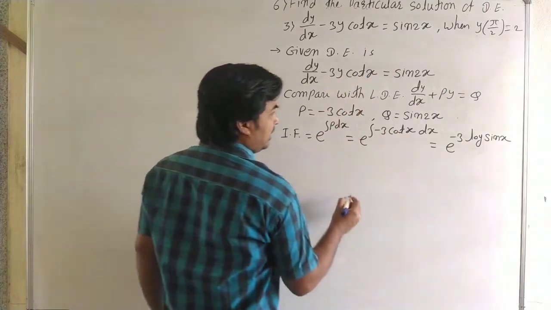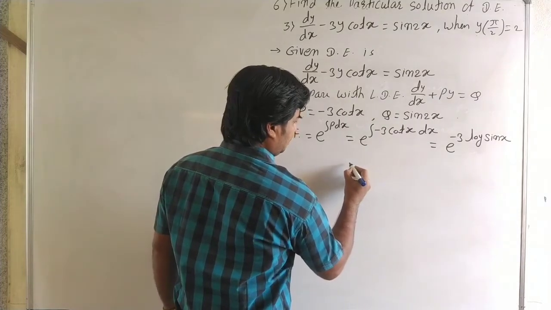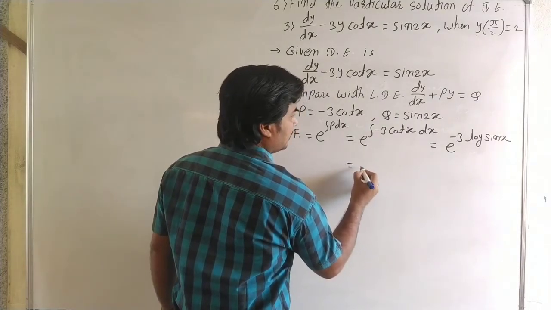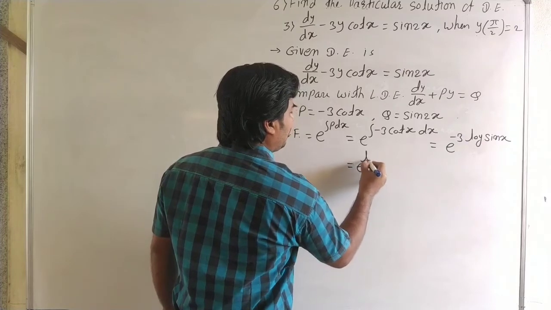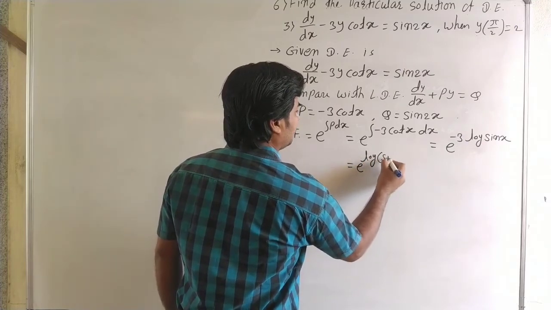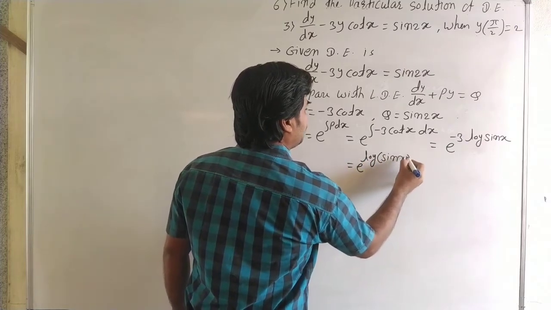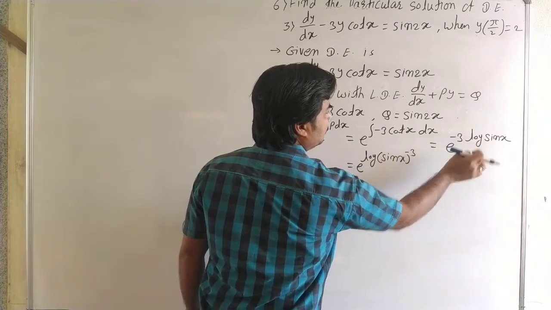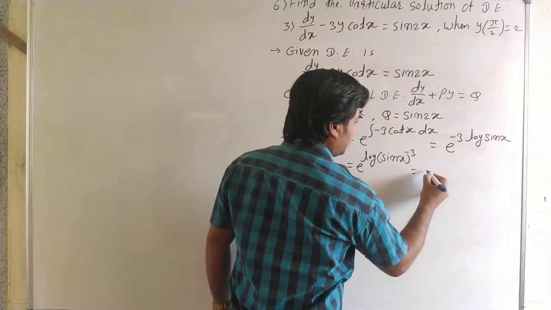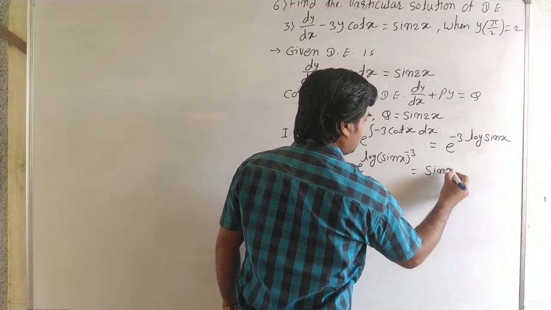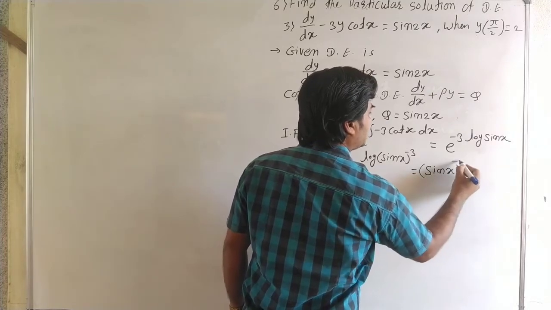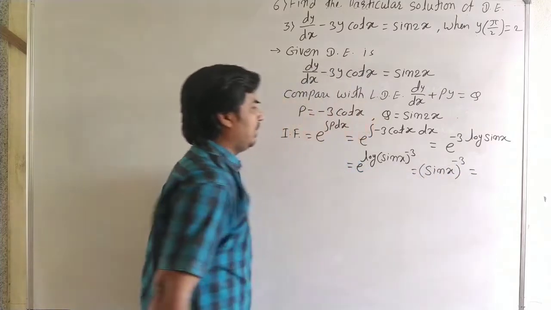Therefore our integrating factor we can write as e to the power log of sin x to the power minus 3. And that means sin x to the power minus 3 is the integrating factor.